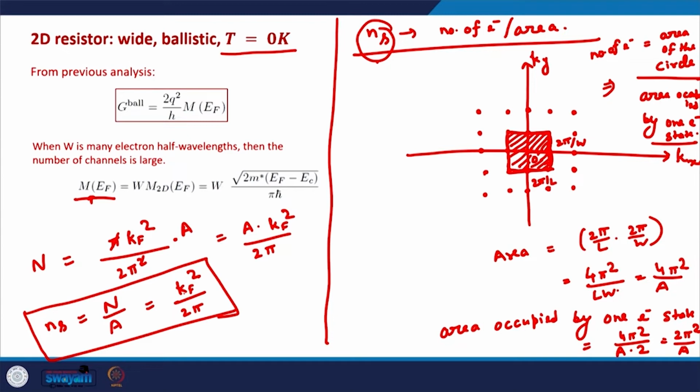In other words, this kf is essentially square root of 2 pi ns. So, let us just keep this equation with us: kf is square root of 2 pi ns.